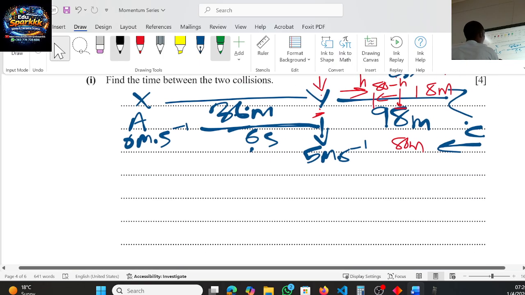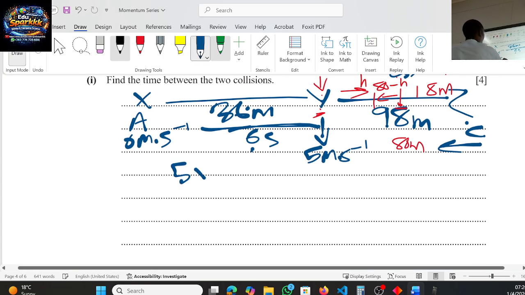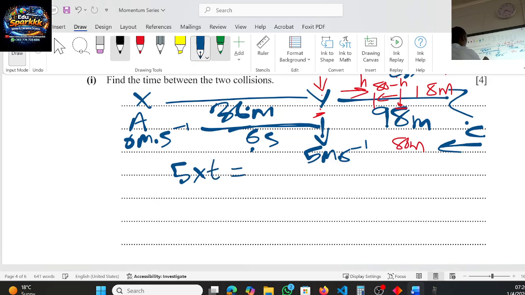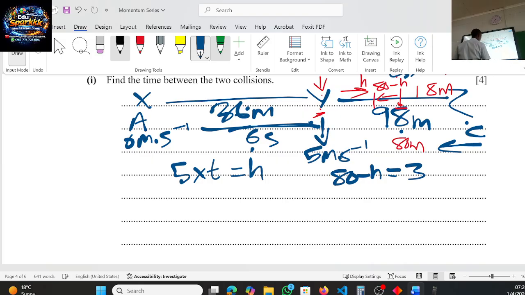I'm allowed to say 5 times t is equal to h, because the time it takes for them to collide will be the same for this coalesced object. Then for the second part, 80 minus h is equal to 3 multiplied by t.